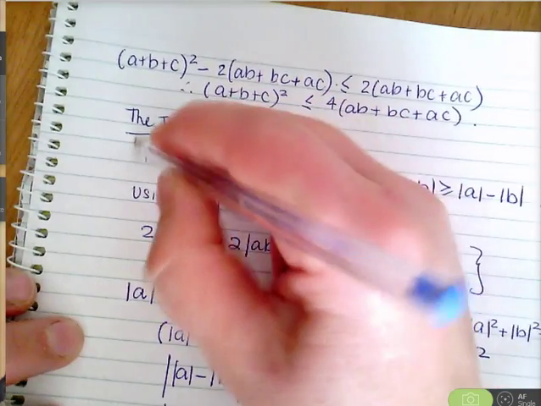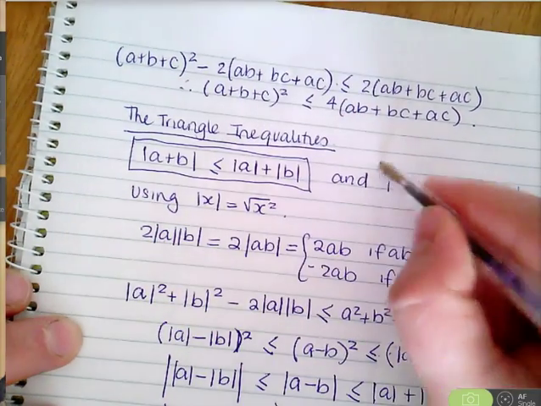That is that first triangle inequality here. So these are the triangle inequalities there. Okay.